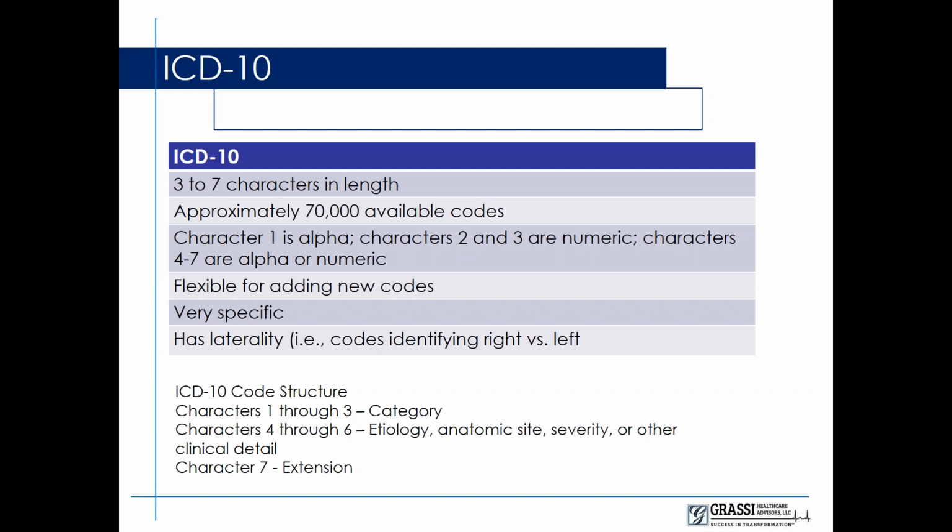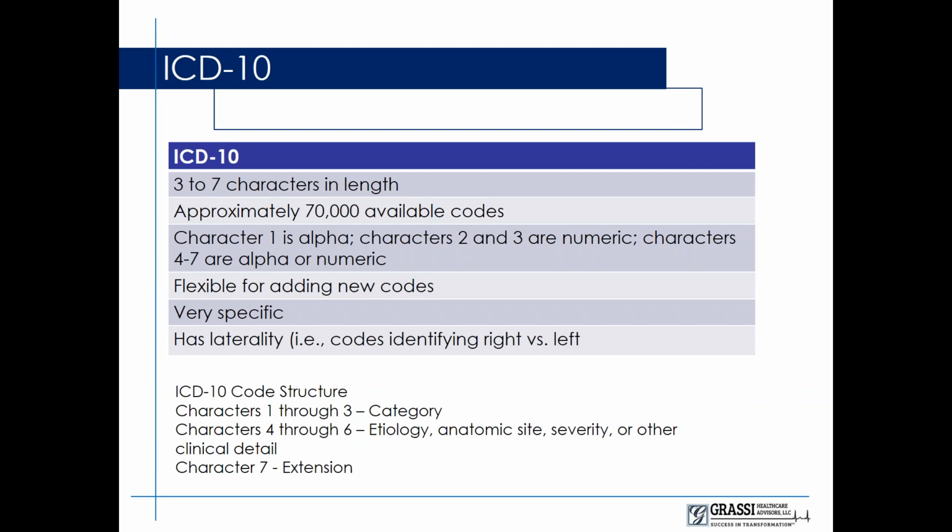Characters 1 through 3 of the codes are numeric and alphanumeric. The first is usually an alpha, and the second are numeric. The codes actually have some placeholders in them, X placeholders, and we'll talk about that. It gives room for expansion.